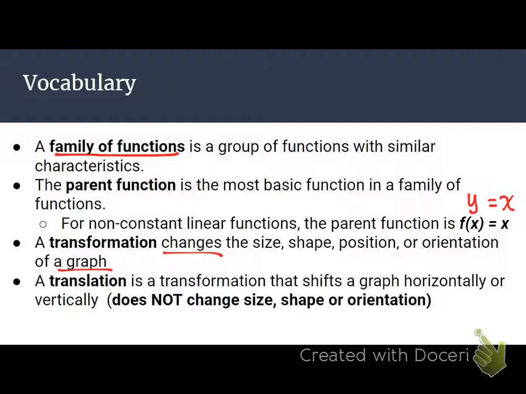So a translation is a shift. It could move it up and down, or it could move it left or right. If we're just shifting it, translating it, it doesn't change size, shape, or orientation. Just slides it around.